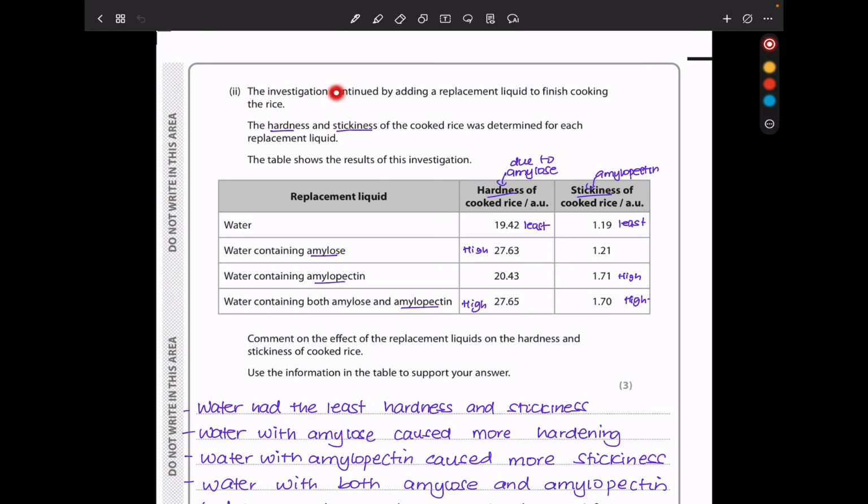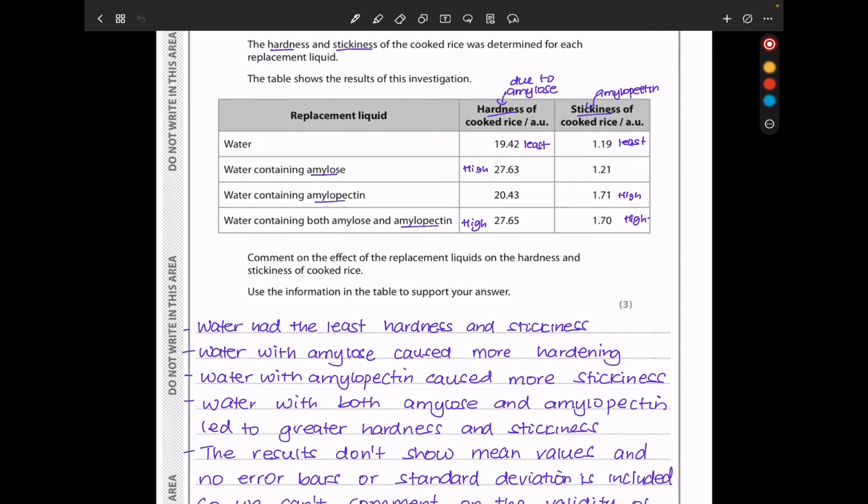And next they say the investigation continued by adding a replacement liquid to finish cooking the rice. The hardness and stickiness of the cooked rice was determined for each replacement liquid. The table shows the results of this investigation. So we see water containing amylose, water containing amylopectin, and water containing both. The hardness is going to be high in water containing amylose, as well as high in water containing both amylose and amylopectin.